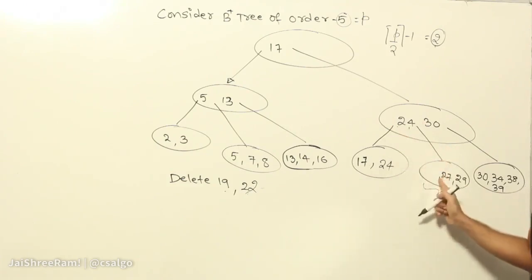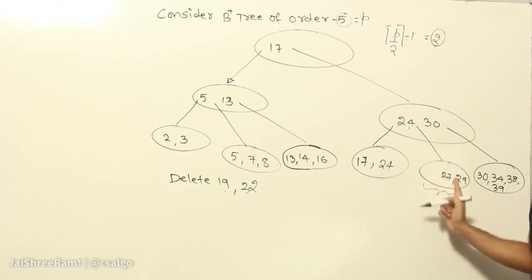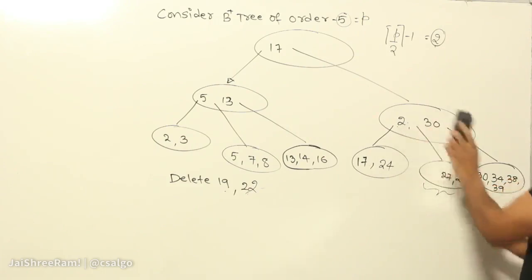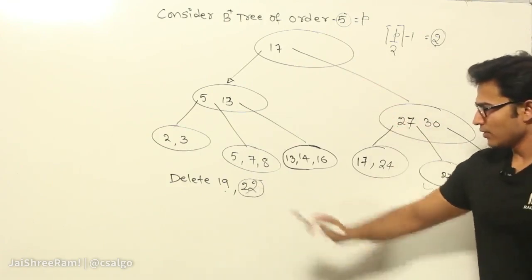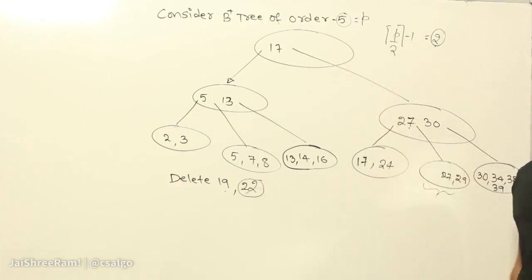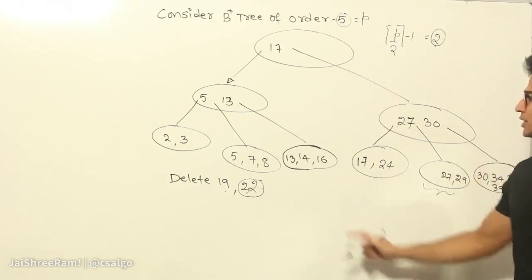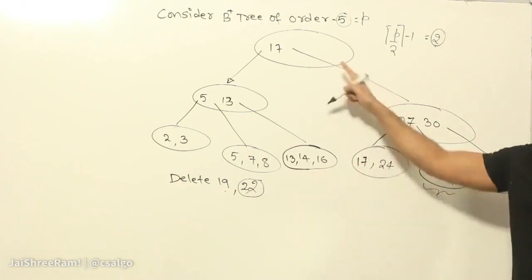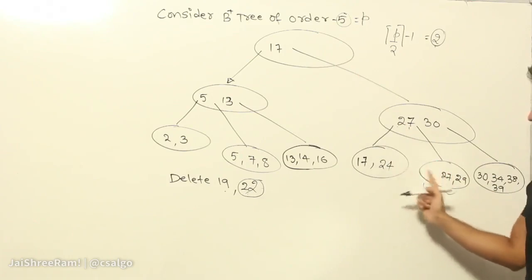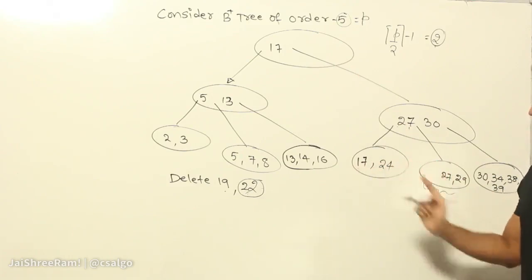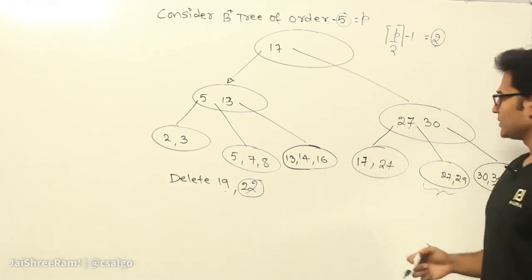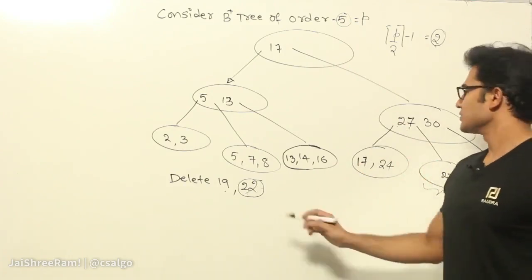What is the smallest one in the right subtree? 27. So just replace it with 27 and we are done. Also check that the key you have deleted is not present in any of the non-leaves, which means 22 is not present here and 22 is not present here. This is how we use rearrangements in order to handle the underflow. Got it? Let's see other cases with other deletions.